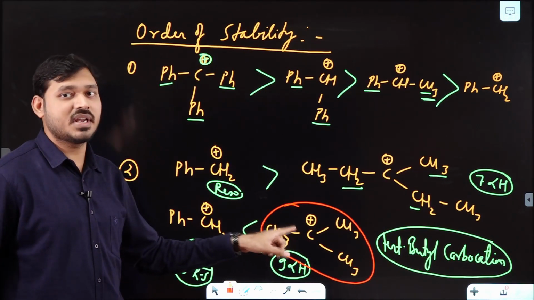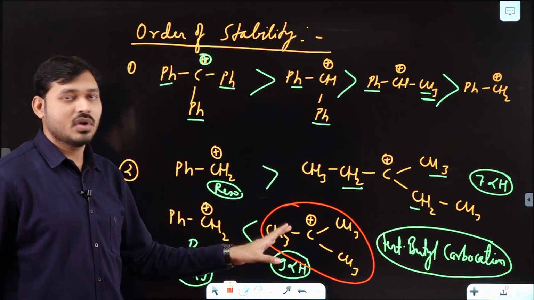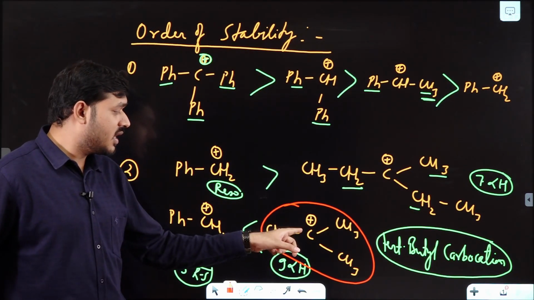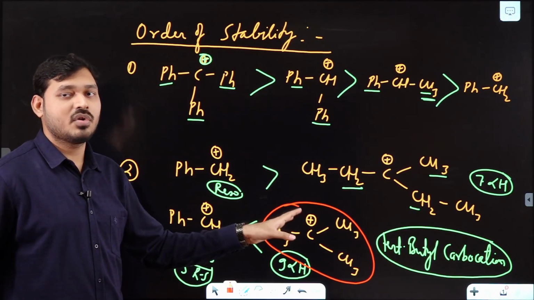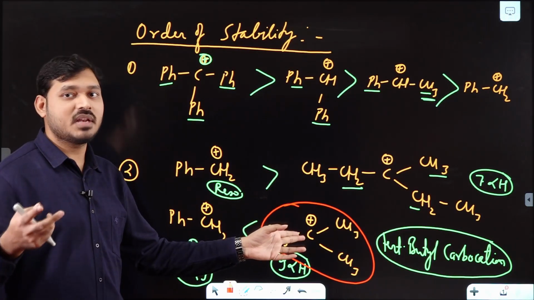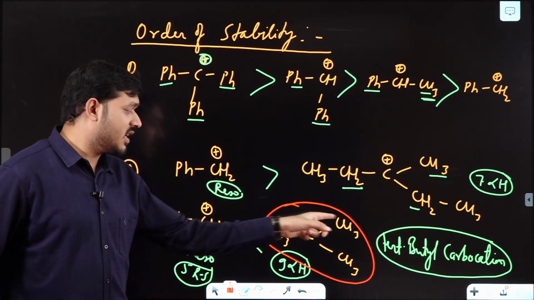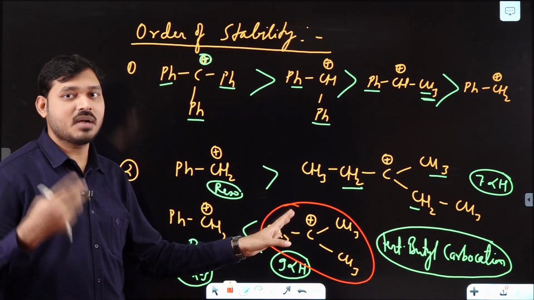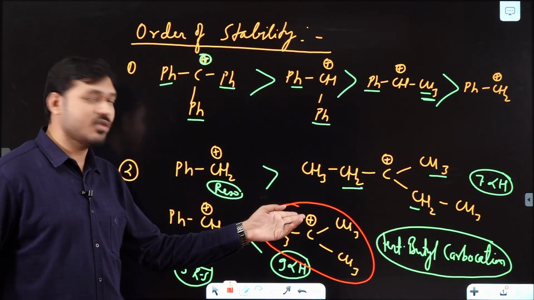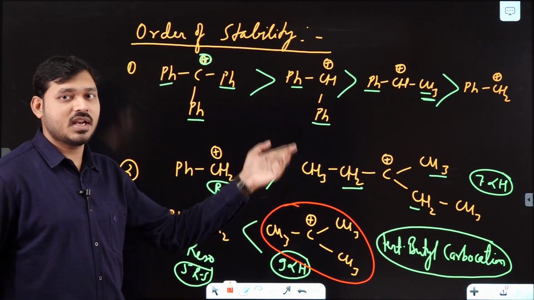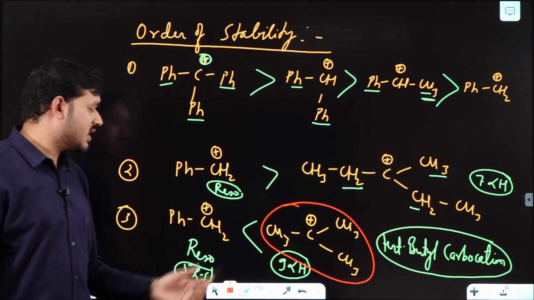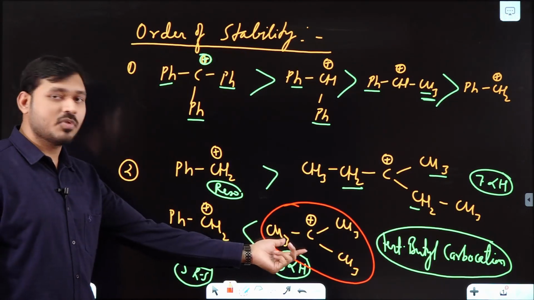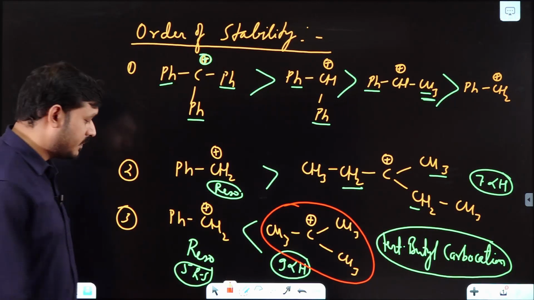No ring strain, no strain is here. Why? Because if there is a fourth group available, then it will be highly hindered. Okay, because this carbon can make sp3 with 109 degree 28 minutes, and these are 4 bulky groups, so it will become unstable. So suppose here it is a halogen, Cl, so Cl releases, it becomes carbocation, highly stable case. Okay, so remember this is one exceptional case, this becomes more stable than this one. Clear to you?